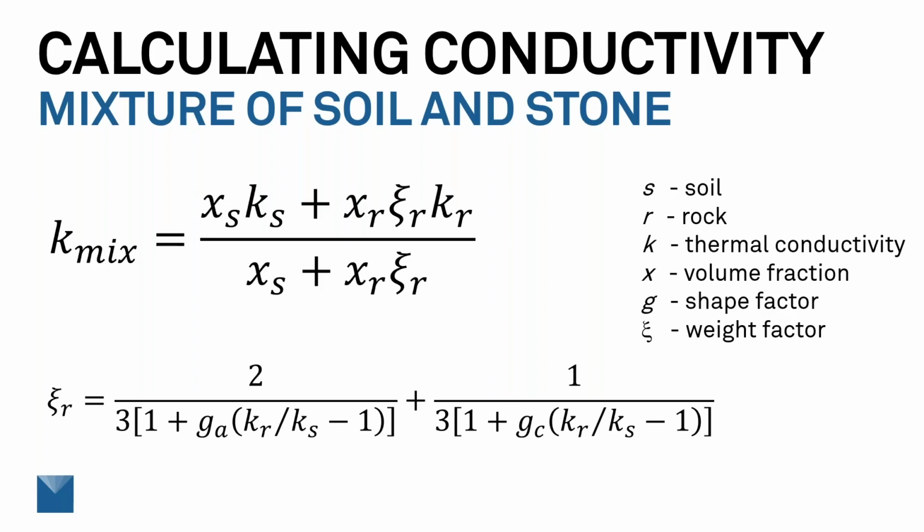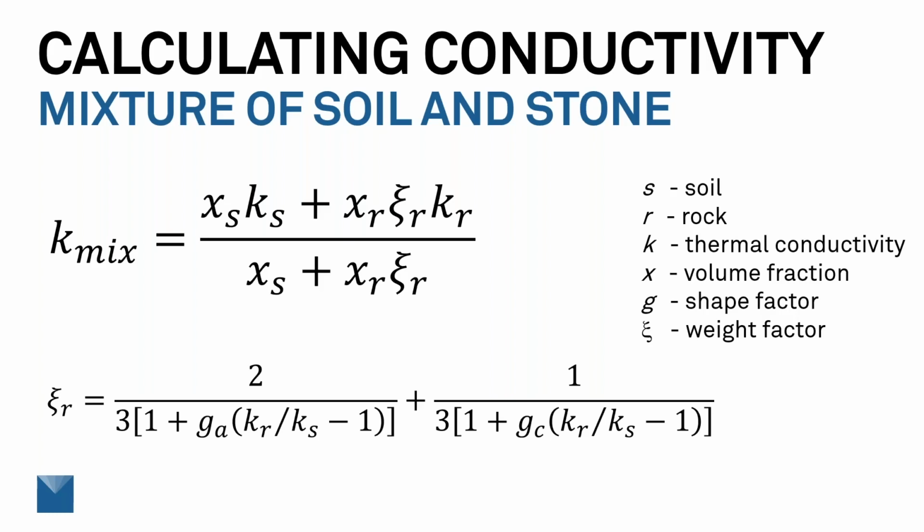Our next question: what if you're dealing with a mixture of rocks of different types within your soil column? Well, then you need to expand this equation to include those additional factors.